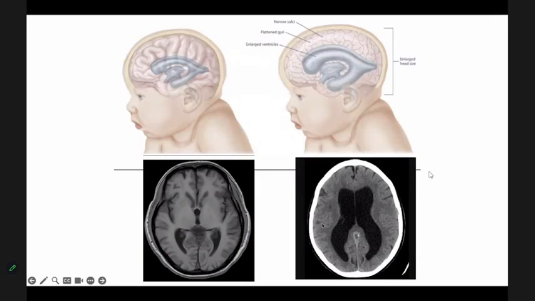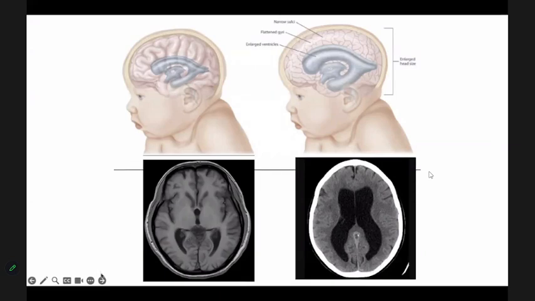Here you can see, of course, this is a CT, this is an MRI, but you can see that there is enough space between the cortex and the dural lining. So there is plenty of space because you can clearly see the subarachnoid space. But here you can see that this is pressing almost to the surface. So the sulci and gyri are not very clearly defined, right?